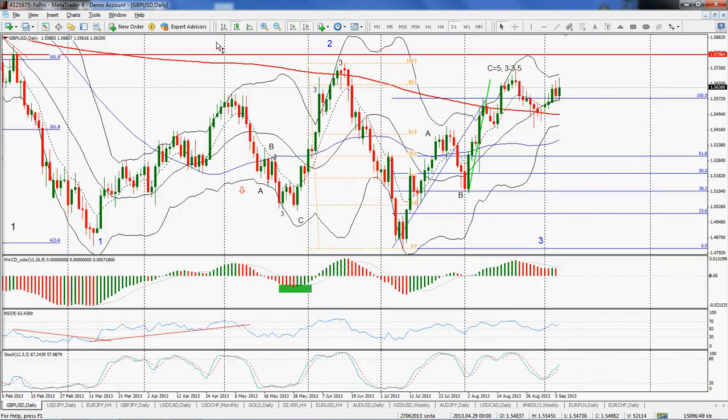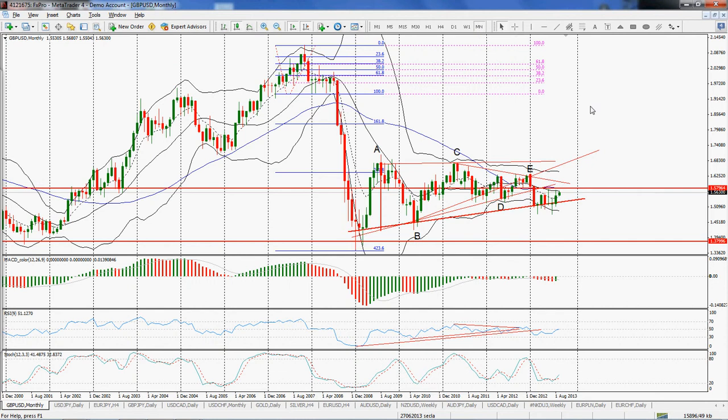Okay, Great Britain pound, US dollar, good. We had a strong monthly candle here on the Great Britain pound USD, and the current candle is reacting to the Bollinger middle band. That's why you can see this reaction here.